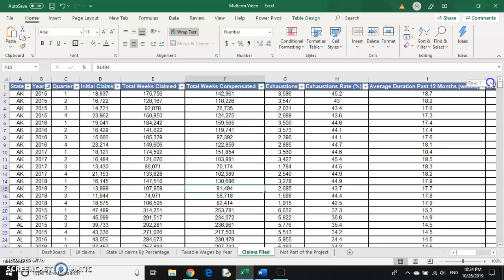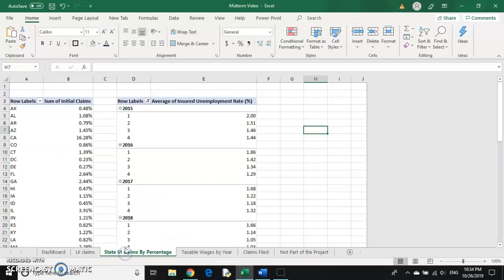So what I did was first use pivot tables to organize this data into smaller ones, so I can make each graph easier and make the whole thing simpler for me.